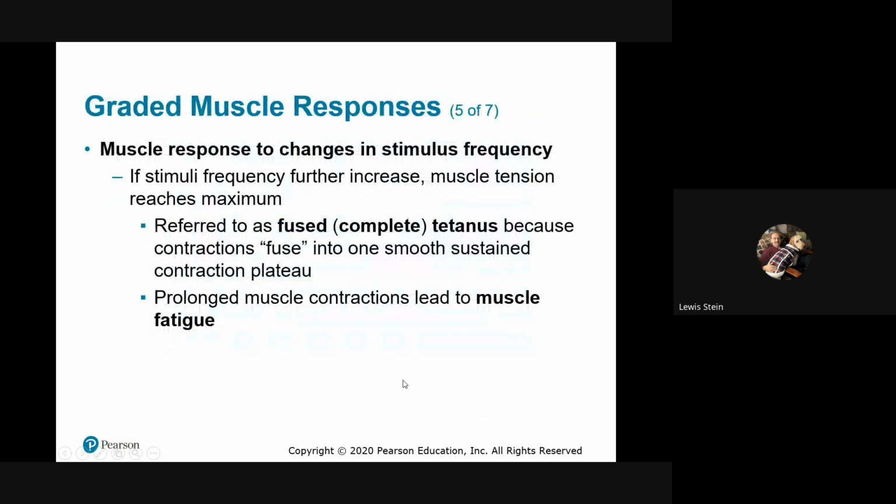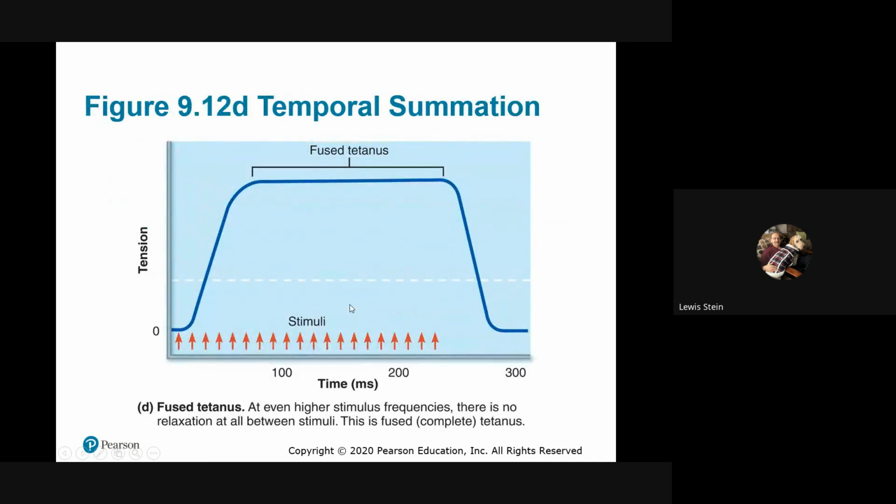And we're not done yet because we have complete tetanus. So if we increase them further, and this is all done in the laboratory or in rehab, the contraction will fuse into one smooth contraction. And then if we maintain it, it will lead to muscle fatigue. So now you're seeing maybe 75, 80, 100 stimuli every second, every 10 milliseconds or so.